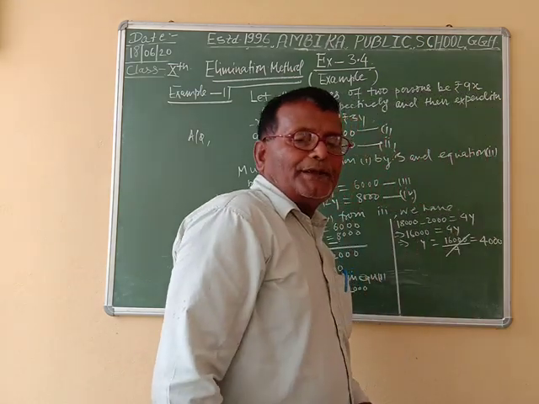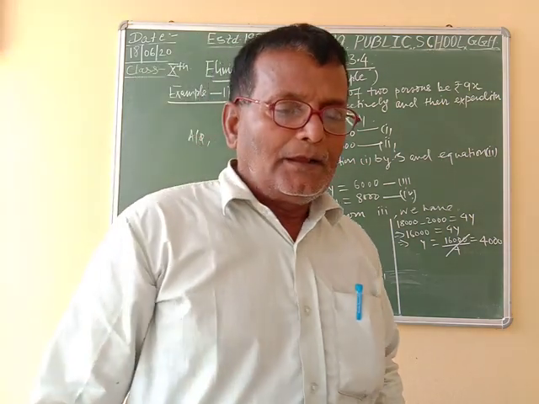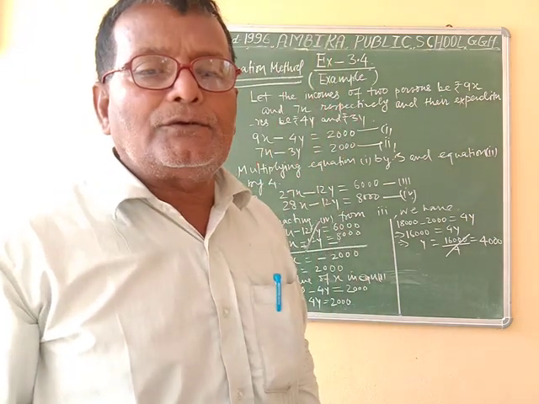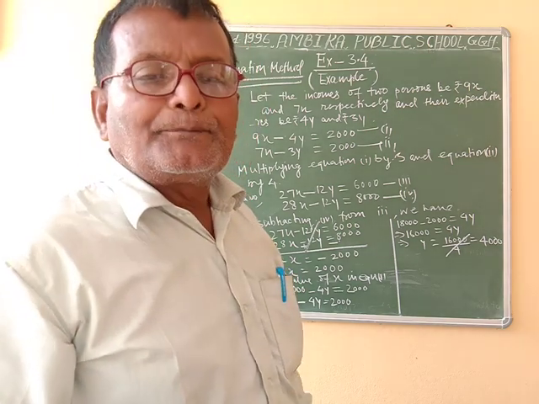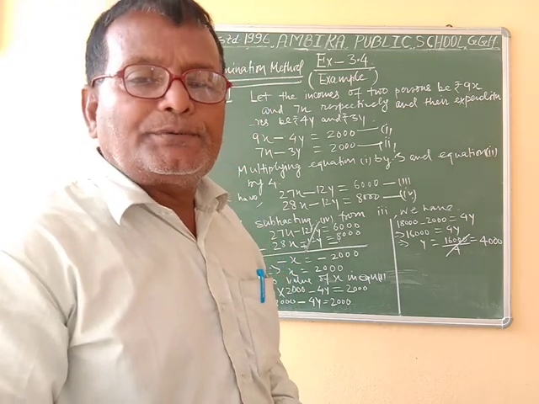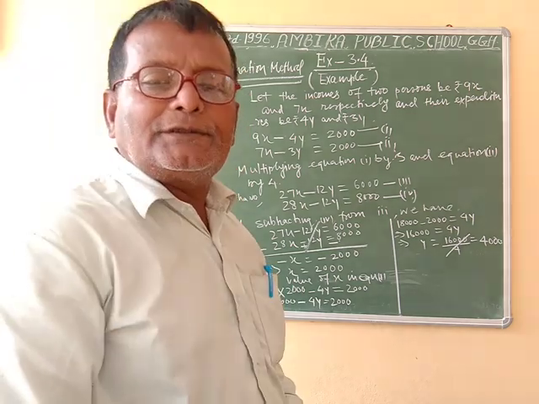Hence the value of x is equal to 2000 and y is equal to 4000. So the solution of the equations is 2000 and 4000.